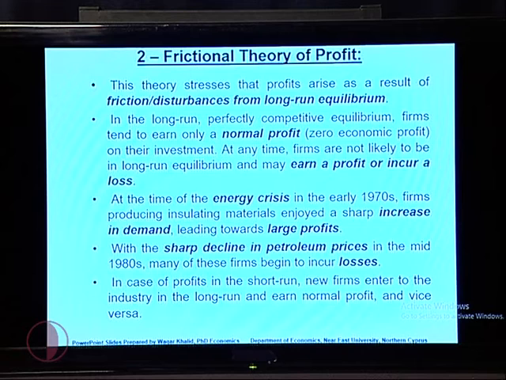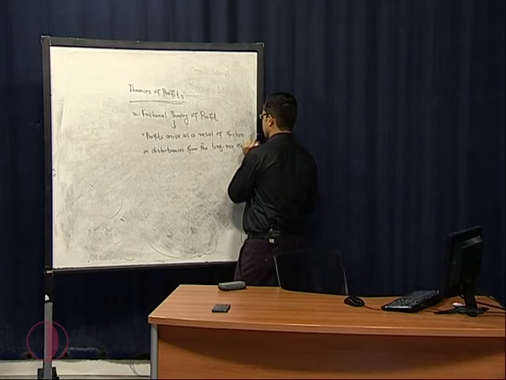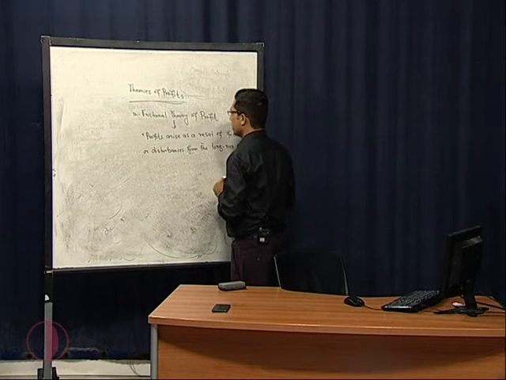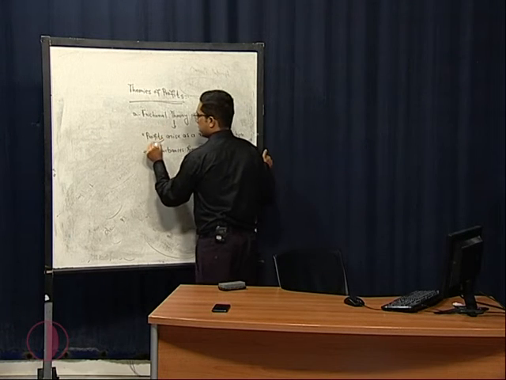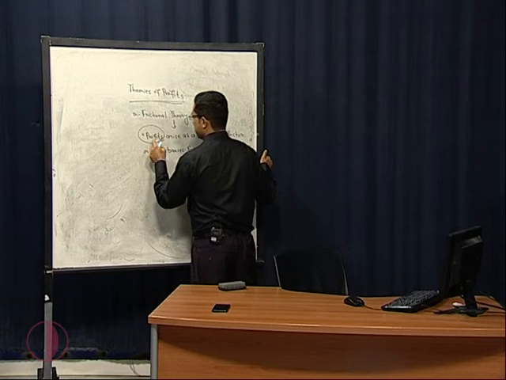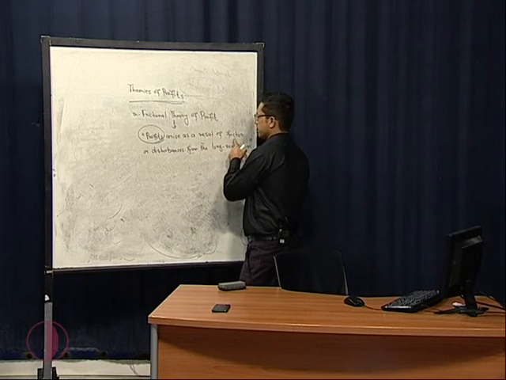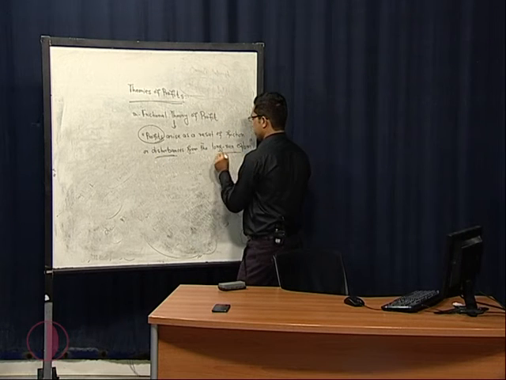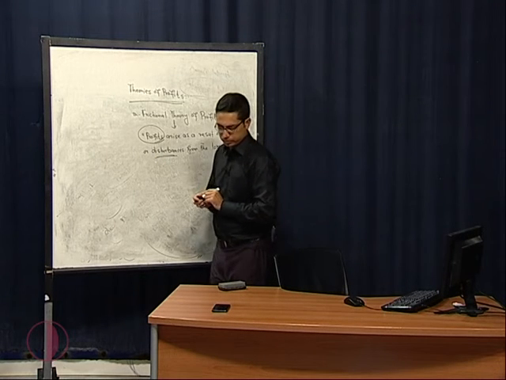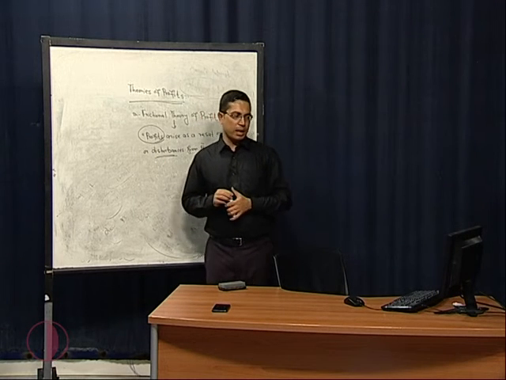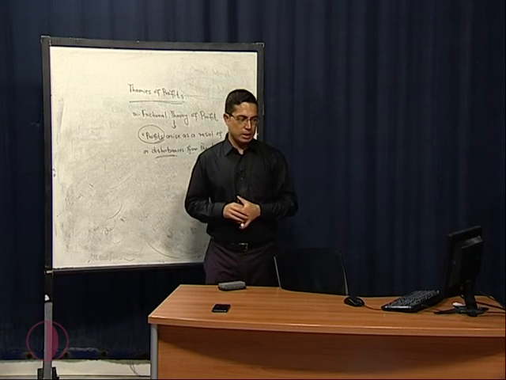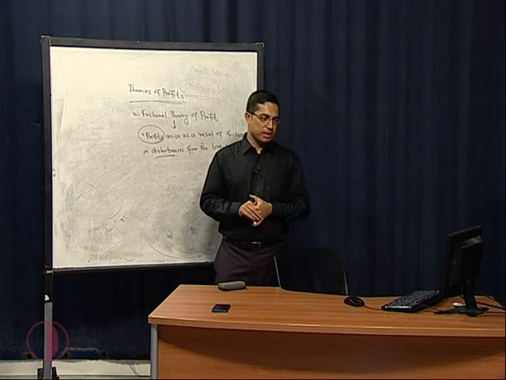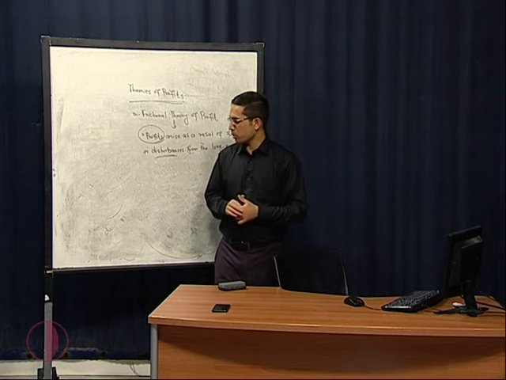From the long run equilibrium level. How do profits arise? Profits arise as a result of friction or disturbances from the long run equilibrium. In the long run, perfectly competitive equilibrium firms tend to earn only a normal profit.